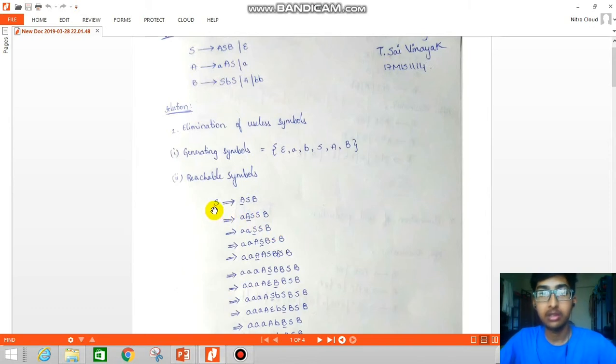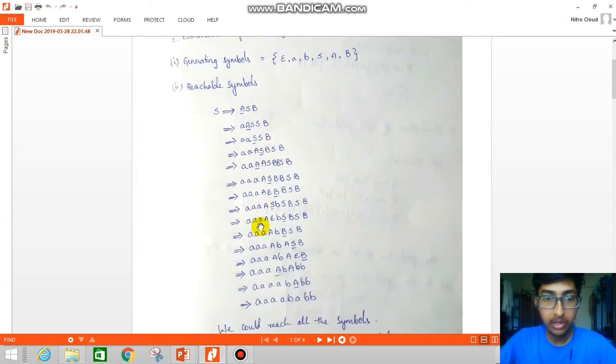First, we'll take the first production rule, which is S derives ASB, and for this A derives AAS, and SB in here. Next, we'll define S. S is nothing but ASB.